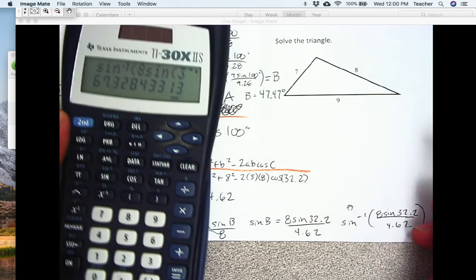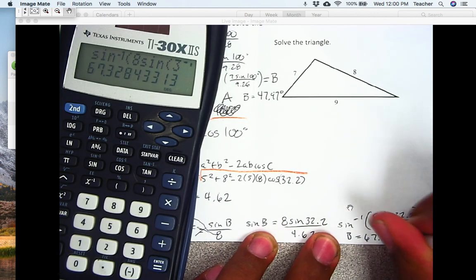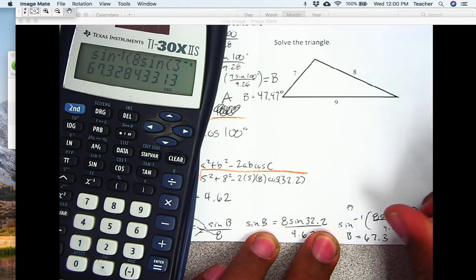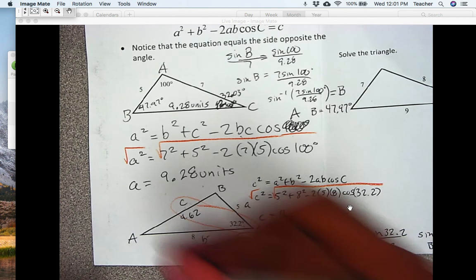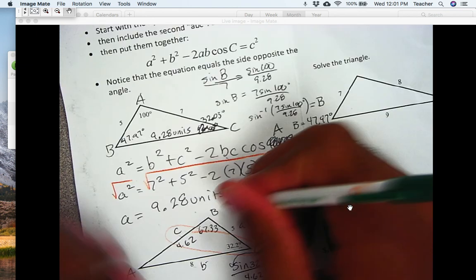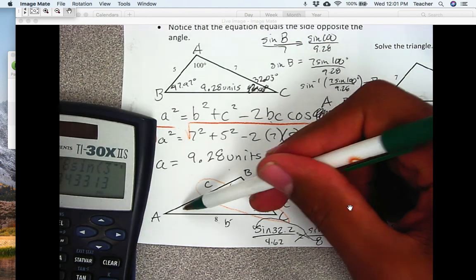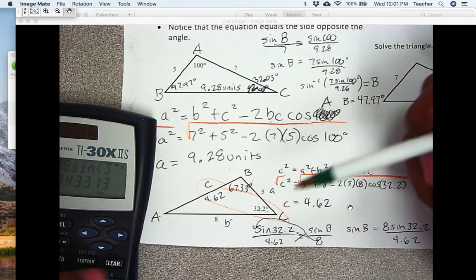Okay, so we end up with our angle B is 67.33 degrees. Okay, so then that's going to be 67.3, and then I'll just go ahead and find the difference of the sum of these angles and 180.